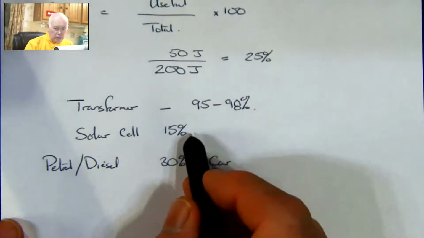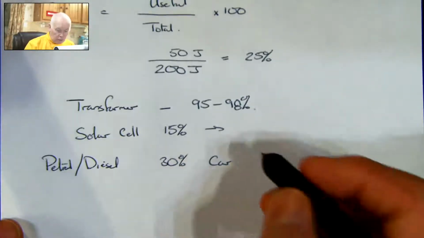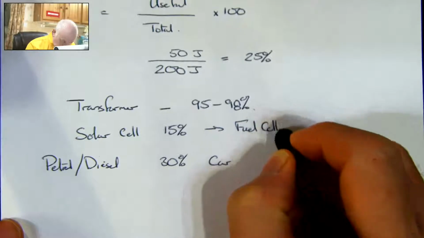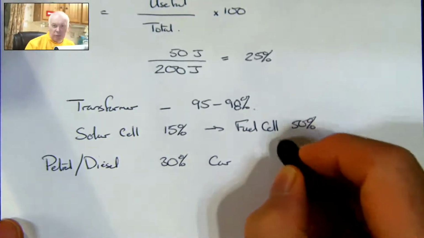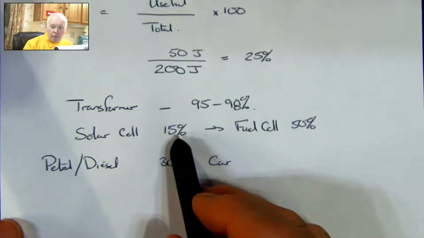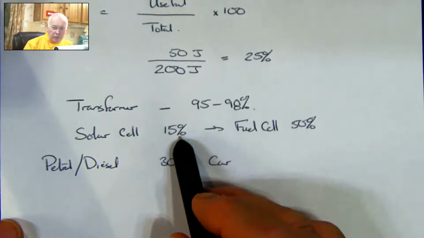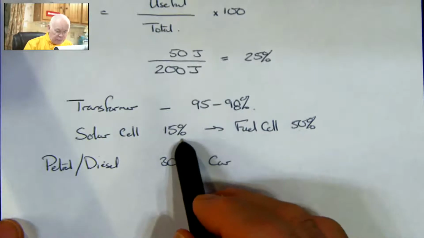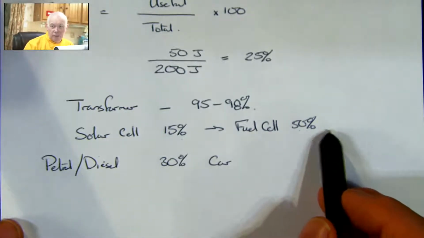Solar cell, and going on to perhaps powering a fuel cell. Fuel cell is going to be, let's say, 40 or 50% efficient. And we have to remember that when we do these, this is only getting 15%, and then I've got 50% of that 15%, which is only now 7.5% efficient.